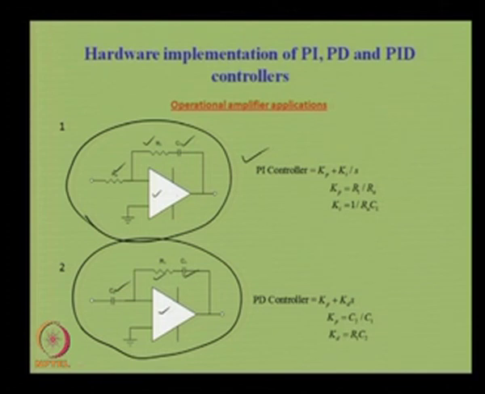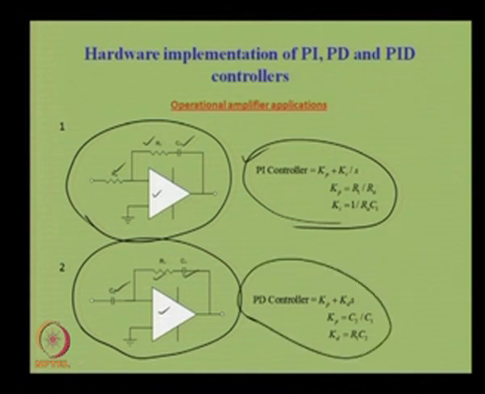And the way one can find the transfer function of the controllers is given over here. Yes, it is very easy to derive all those expressions. So, one can design PI, PD or their combinations using op-amp or operational amplifiers. This is how we get in hardware the implementation of PI, PD and PID controllers.